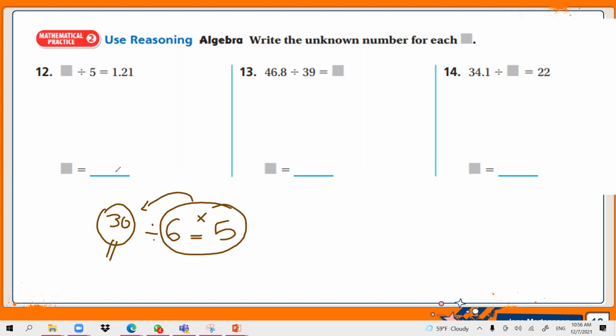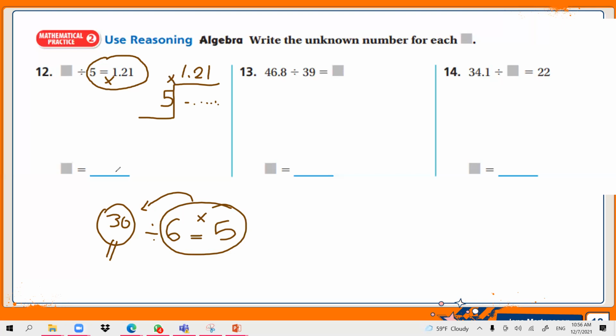So for this one, what do you have to do? Here, you have to multiply the 5 by 121 to know the answer. It's like this. Here you have 121, here you have 5, and here you have the unknown number. How can you know what the unknown number is?